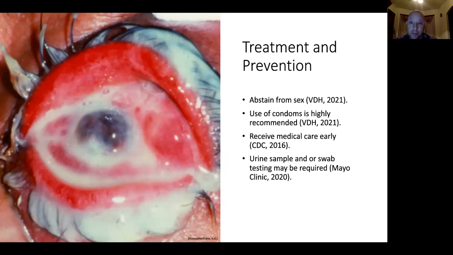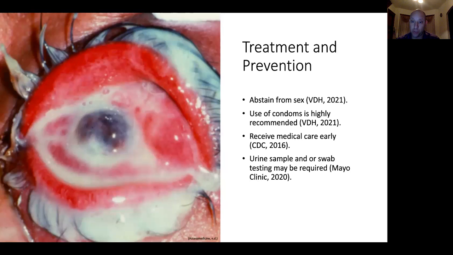Okay, so prevention and treatment of this disease. Pretty gnarly picture right there, a depiction of somebody who has a really bad infection with this disease. With any STD, the only way that you could be sure not to get it or spread it is abstaining from sex, and the use of condoms is highly recommended.